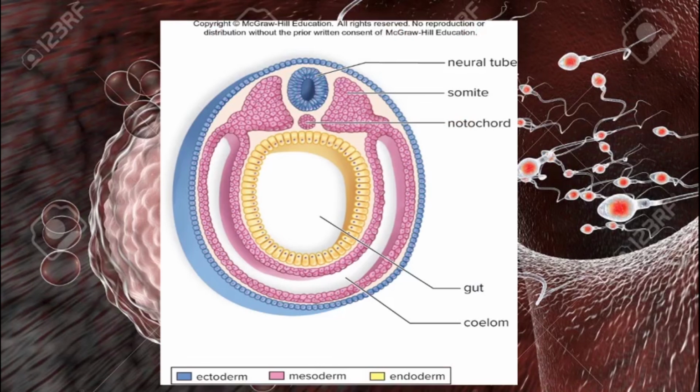So as you can see, this is the end product, and the ectoderm forms the outer layer of the embryo. These cells, as I said, will form the bones, the dermis of the skin, and also the tendons. And the endoderm lining here will help to form the respiratory tract and also the digestive tract.